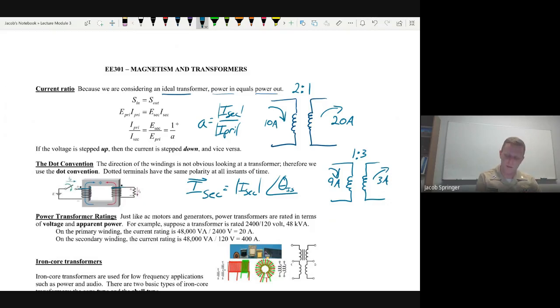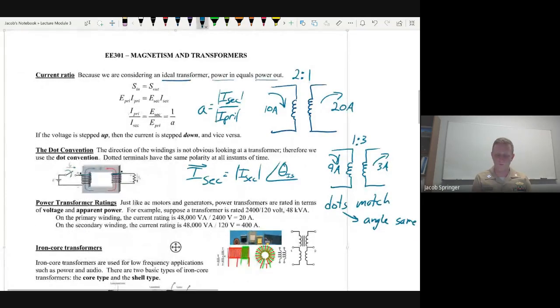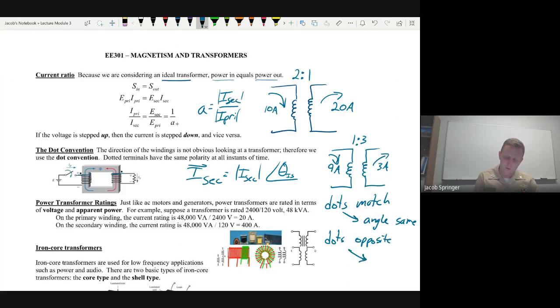And what that means is if the dots match, then the angle is the same for both the I primary and the I secondary, or the V primary and the V secondary. And then if the dots are opposite, change by 180 degrees.